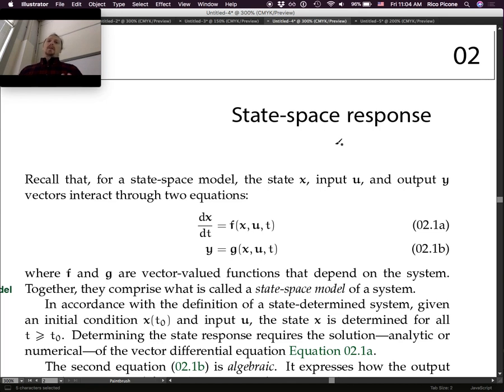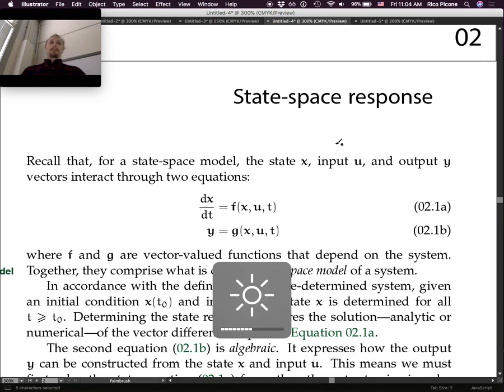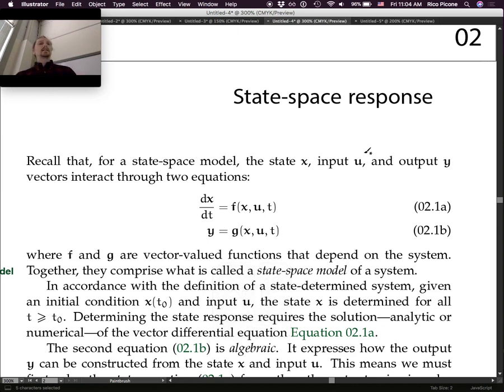So let's do a little bit of review here in this sort of lecture 0 of chapter 2. Recall that for a state space model, the state x, input u, and output y vectors interact through two equations. So 2.1a and 2.1b are those two equations. Now, dx/dt is the left-hand side of this first equation.